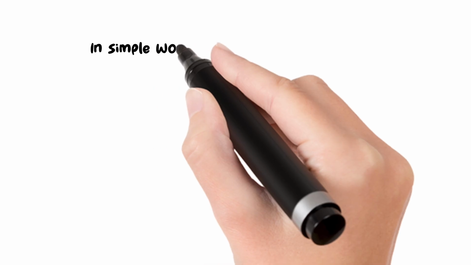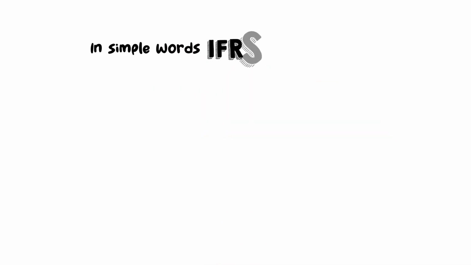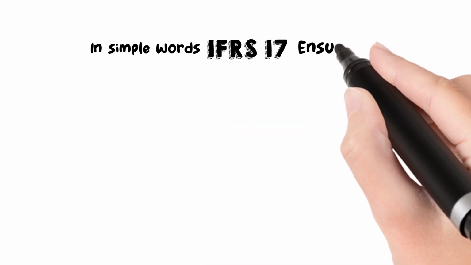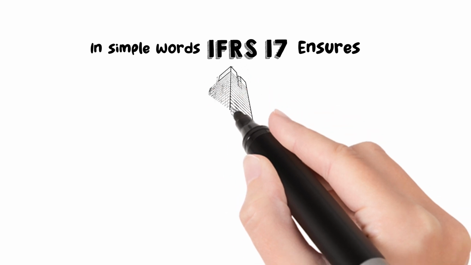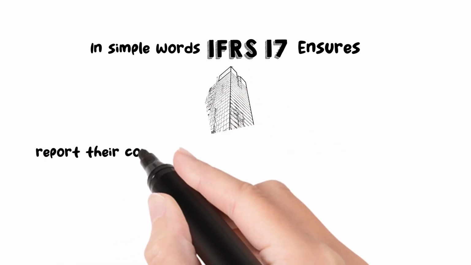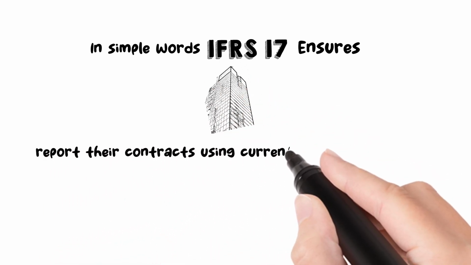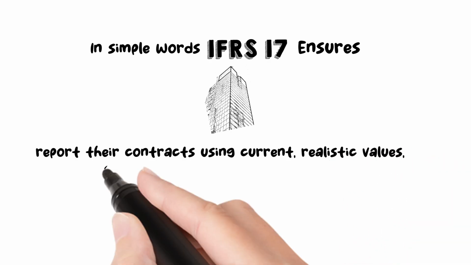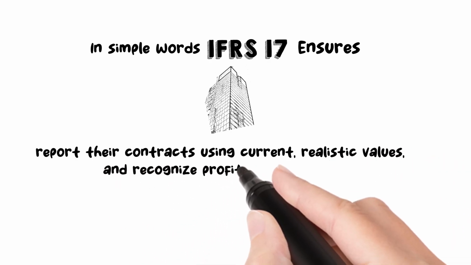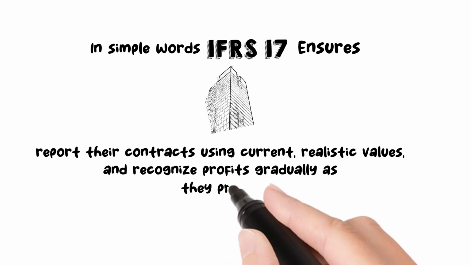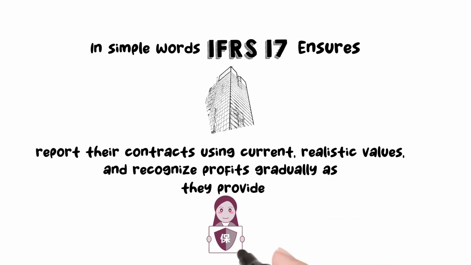In simple words, IFRS 17 ensures that insurance companies report their contracts using current, realistic values and recognize profits gradually as they provide insurance services.